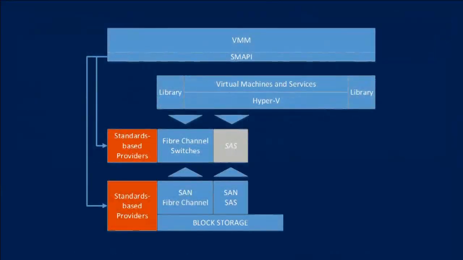So far I've covered VMM's management of fiber channel switches and SAN devices. I've only covered fiber channel really. There's also iSCSI support. There's also SAS support. So really we're just talking about block management. Now there are the devices underneath, the middle layer here, from a switch perspective, from a connectivity perspective.